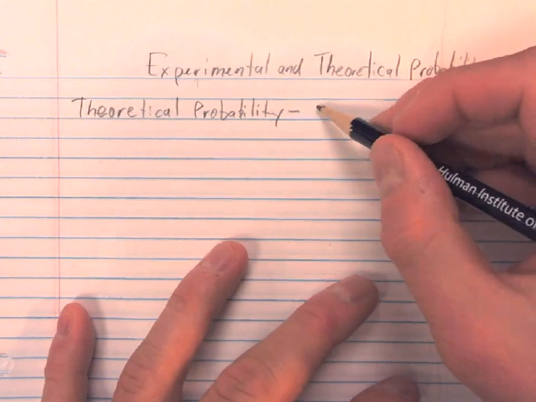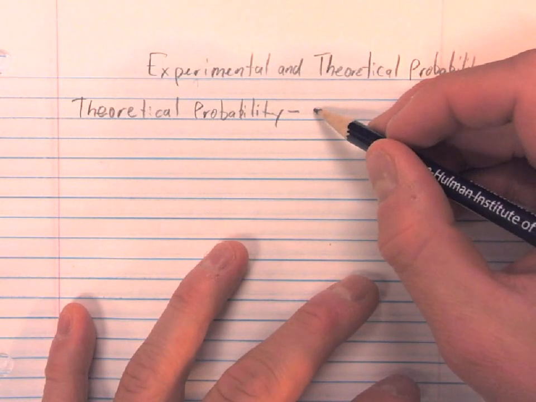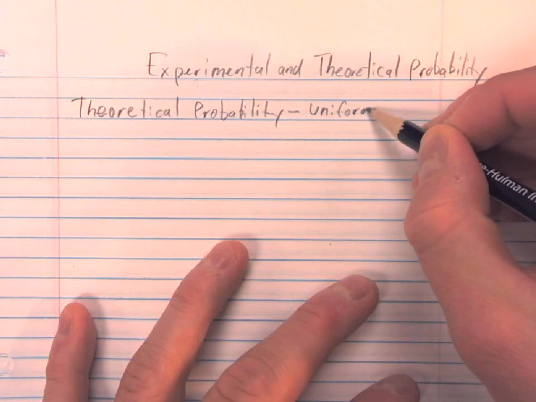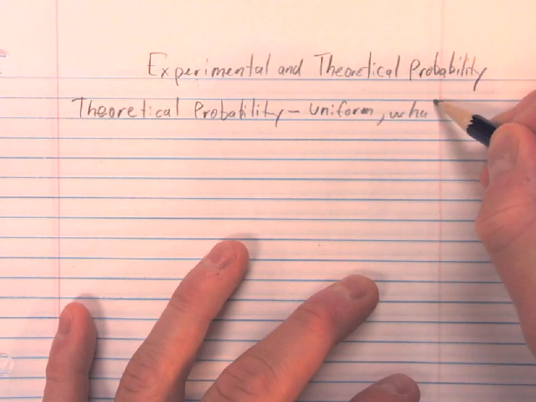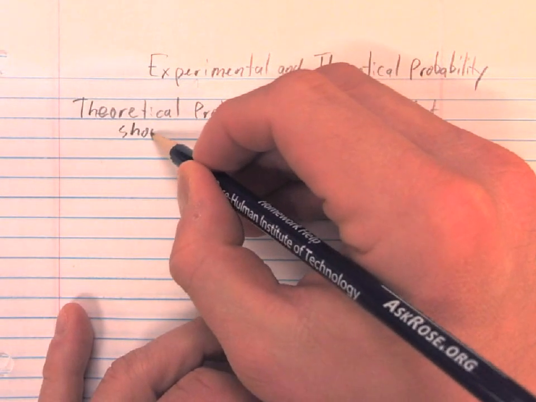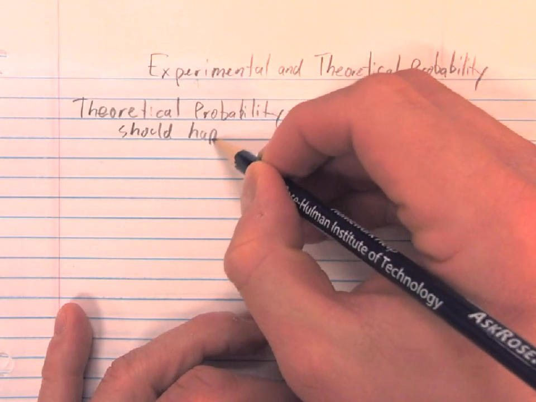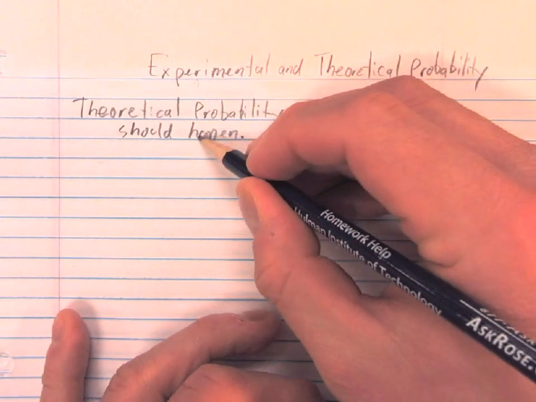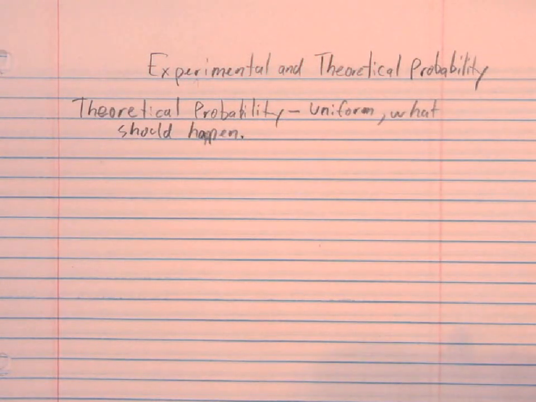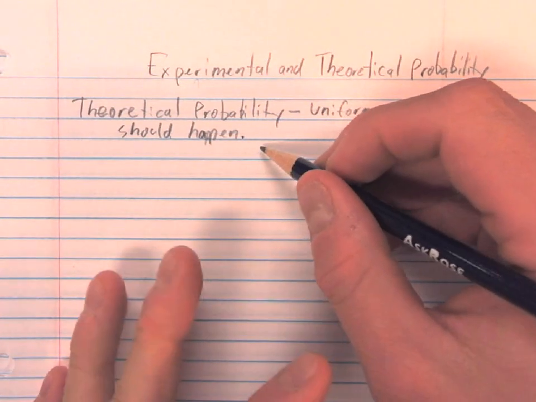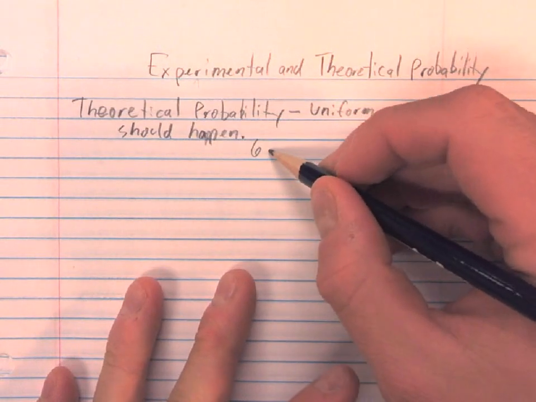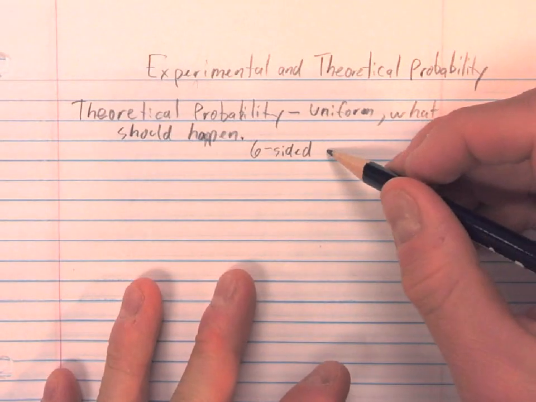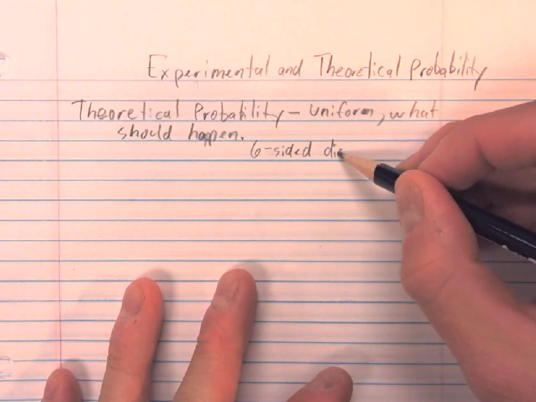This is just your uniform, what should happen. Like when we have a die, a six-sided number cube, as your book calls it, a six-sided die.